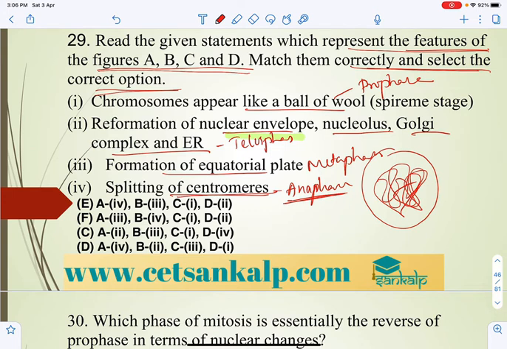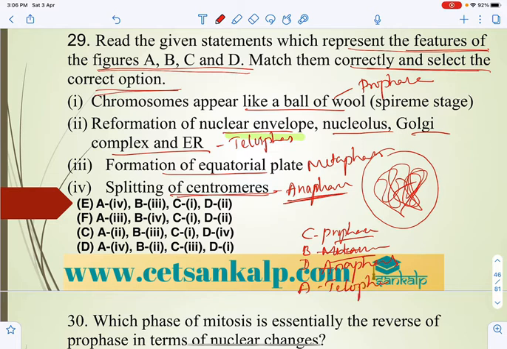So C is prophase, B is anaphase, D is telophase, anaphase, metaphase, prophase, metaphase, and anaphase, and CB, DA is telophase.